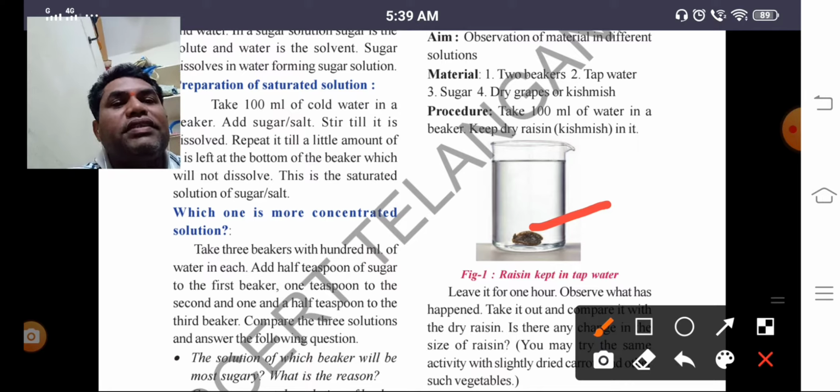We can see its flaccid nature, a shrinkage, a condensed state, in the figure 1 beaker.